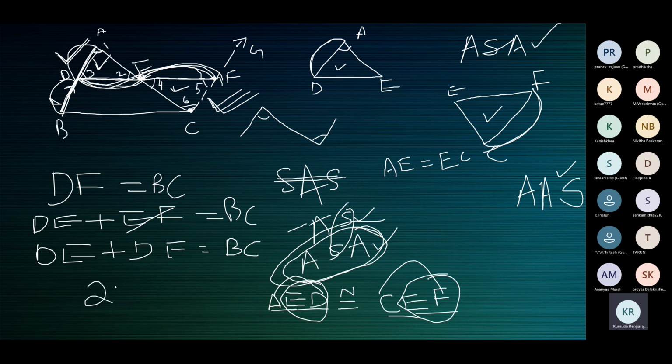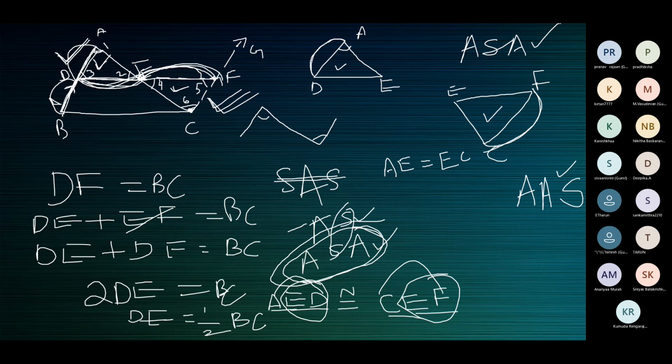So this means twice DE is equal to BC. So DE is equal to half of BC. The 2 goes to the other side for division. DE is equal to BC by 2, or half BC.